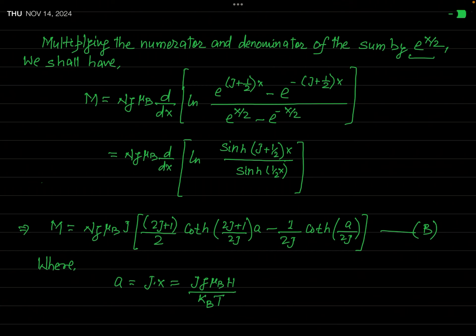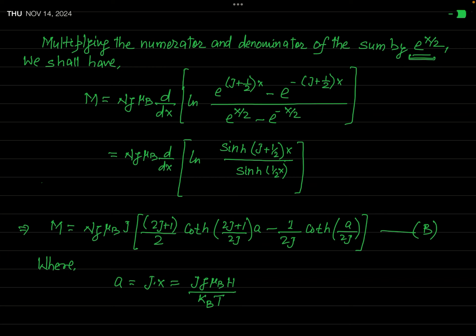Actually, this step you have to remember. To cast this equation in a convenient form, it is necessary that we multiply the numerator and denominator both by this factor e to the power x by 2. Then this equation will be in a suitable form.